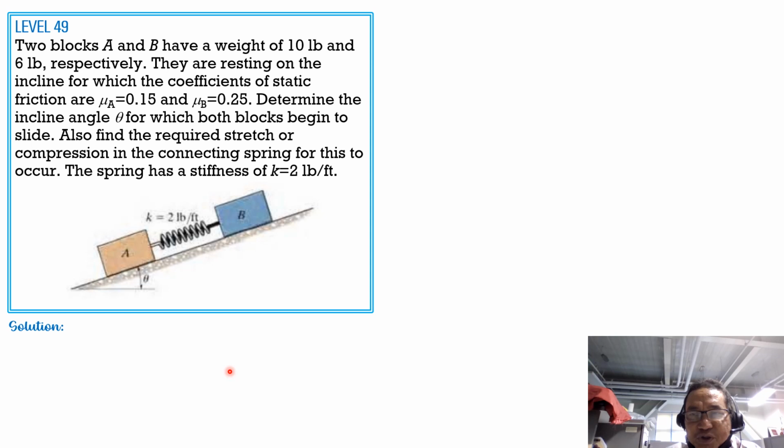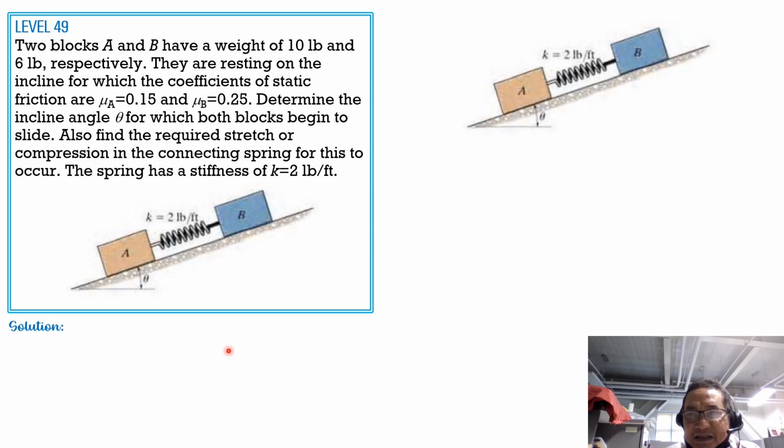So for the solution, let's have the free body diagram of the entire system. Then let's superimpose the normal and the tangential axes so that the angle that the weights make with the normal is theta. So we have 10 pounds and the normal here is NA, and that's theta.